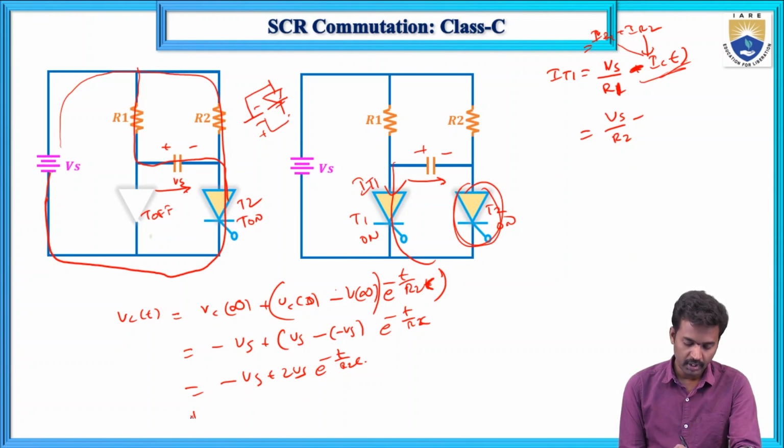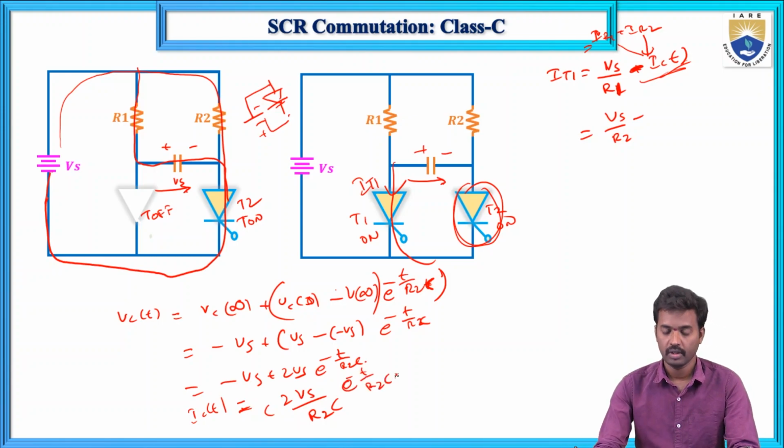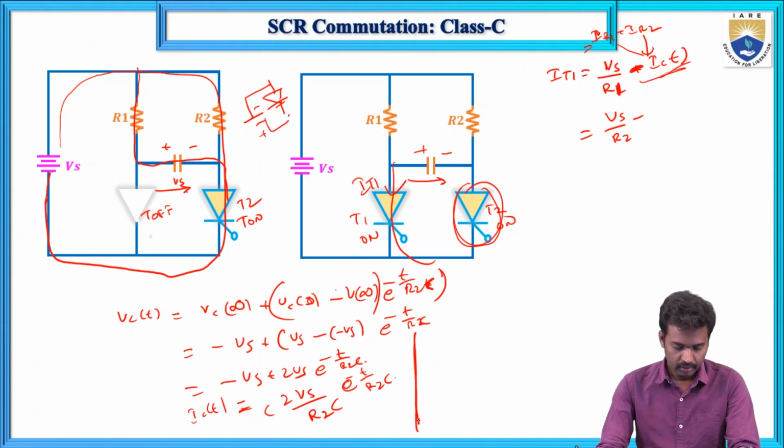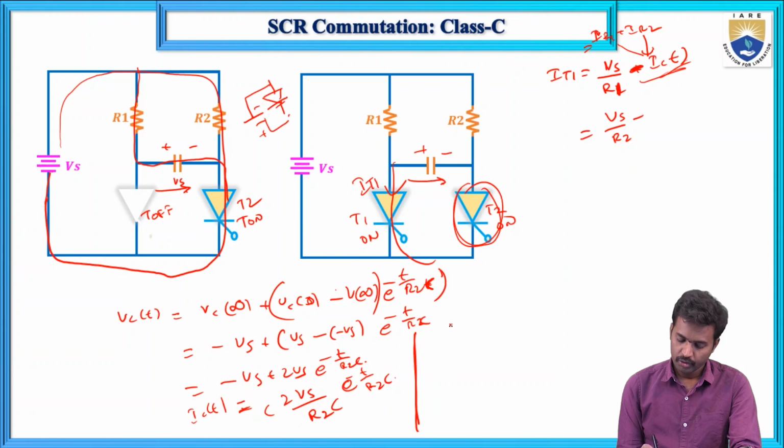If you differentiate with respect to time, IC of T equals 2 Vs by R2 C into C e power minus T by R2 into C. So this value equals IC of T equals 2 Vs by R2 e power minus T by R2 into C.